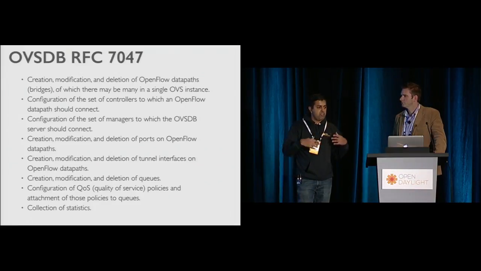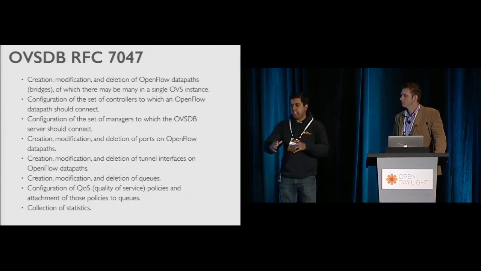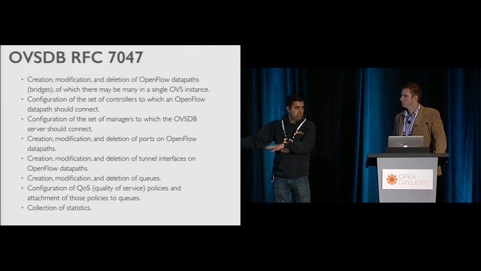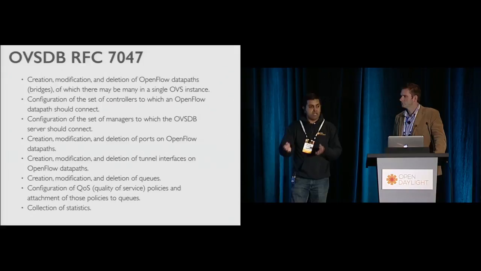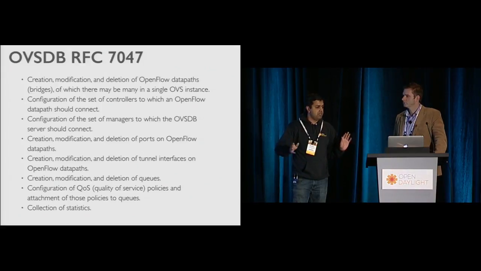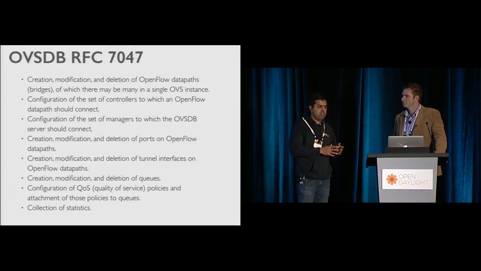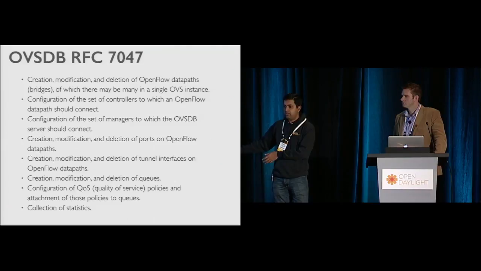From an application standpoint, think about it as a remote procedure call, and there is a database running on the OpenVSwitch. Magically, if you update the database, something happens on the data path. Just imagine it that way. That is what OVSDB is all about. It's nothing more than an RPC call with a database on the other end. You change the database, and things magically start happening on the OpenVSwitch side.